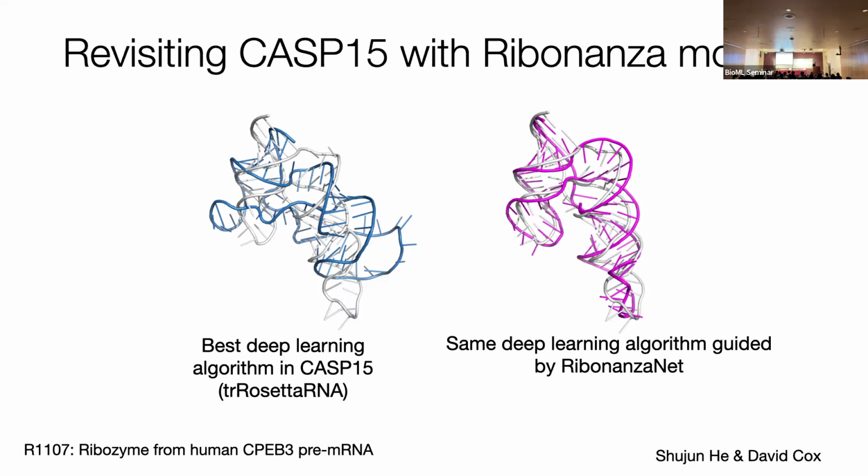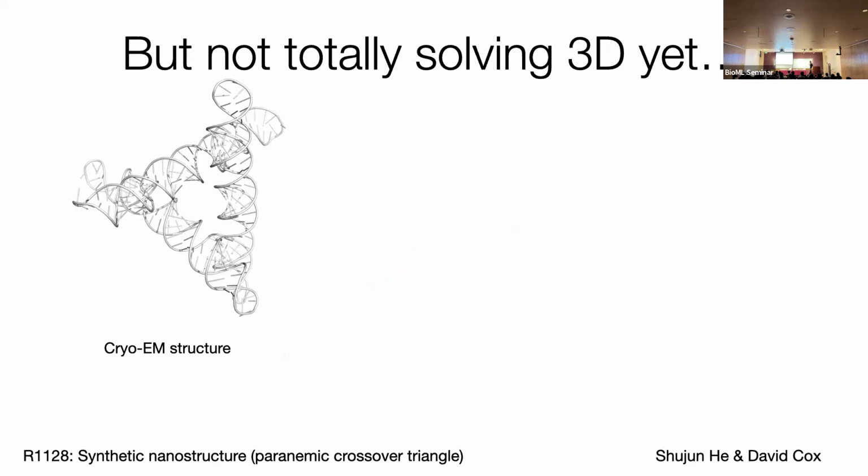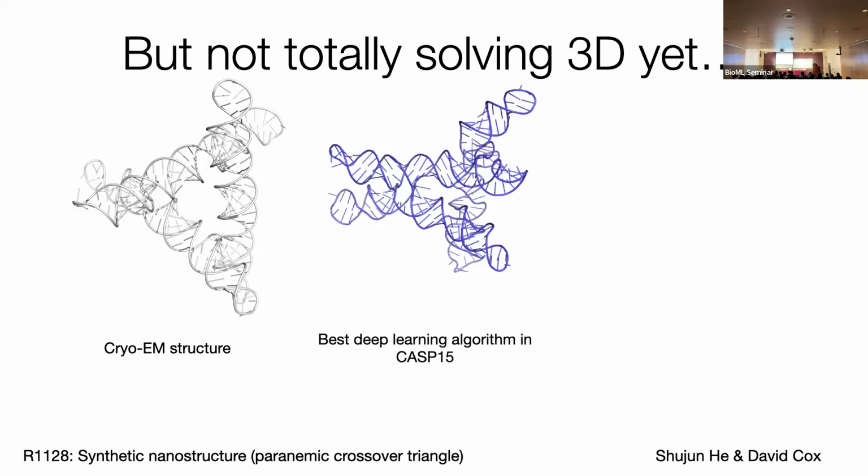But not everything's perfect. So here's another CASP target. It was designed to form this beautiful triangle shape by Ebbe Andersen in his lab in Denmark. Here's what you get with that trRosettaRNA algorithm that I described previously. It kind of squashes this equilateral triangle into some other weird shape.